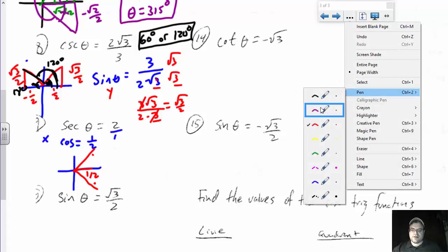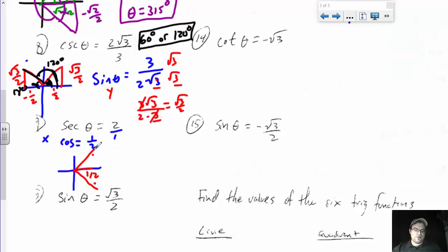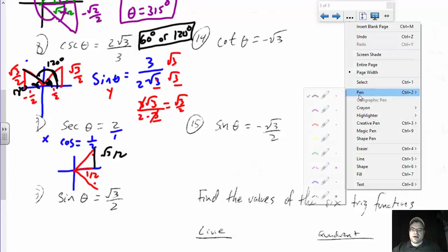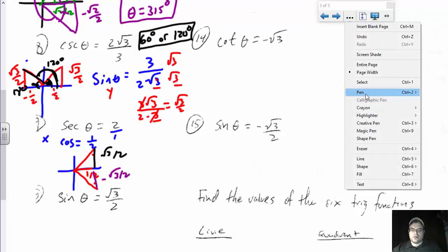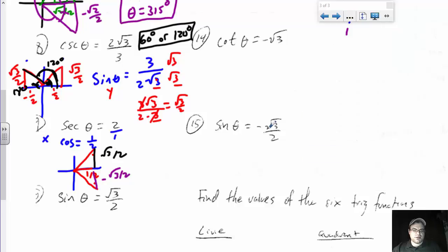If that's the case from the special triangle, I know this y value is √3 over 2. And the other y value is negative √3 over 2. And what I want to find is this angle here and this angle here.